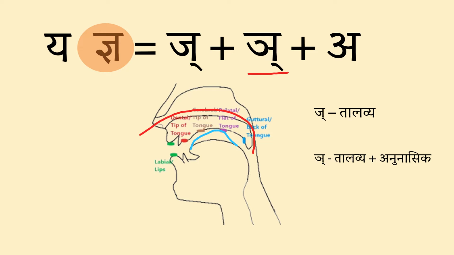So we are pronouncing it like ing. Note that you keep the position of the mouth where the pronunciation of ja was before. Additionally, we are also using the nose to push the air out at the same time.